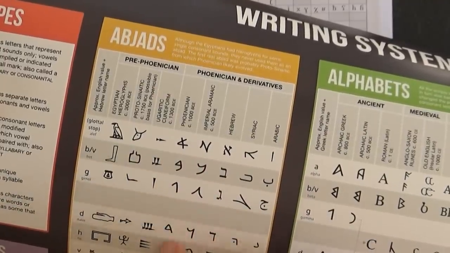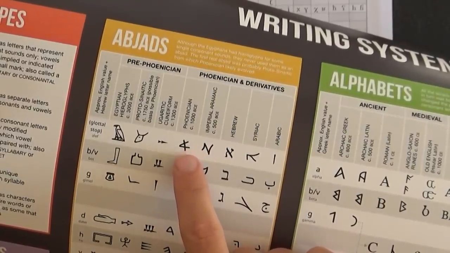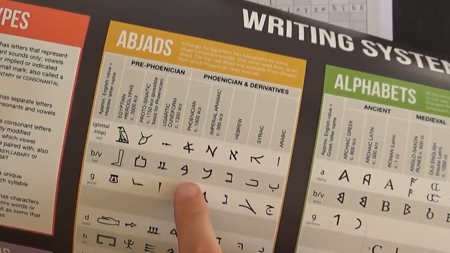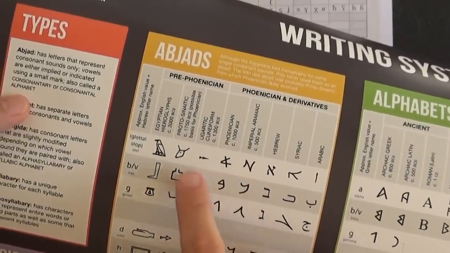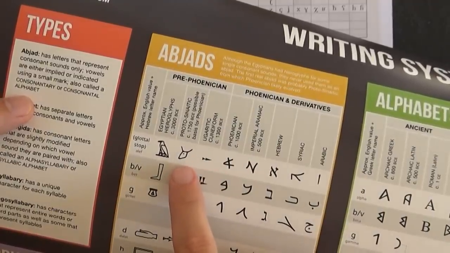Here you can start to recognize letters that we're used to today. A, Aleph, was like a picture of the head of an ox.